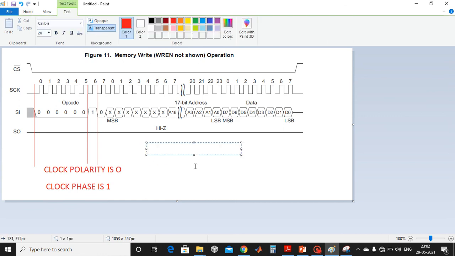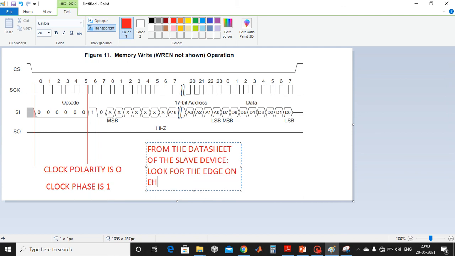So let's write this important sentence here. From the datasheet of the slave device, look for the edge on which slave samples the input data.